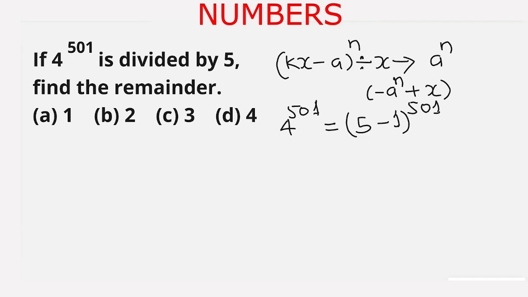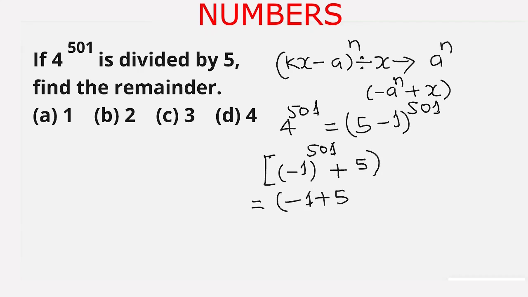Now the remainder will be (minus 1) to the power 501 plus x, which is 5. This is equal to minus 1 plus 5, as (minus 1) to the power 501 is minus 1, and this is equal to 4. And from the given options, our answer is option D, 4.